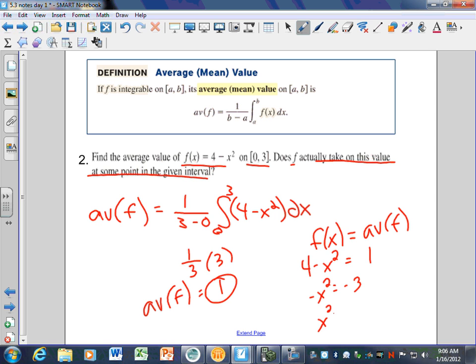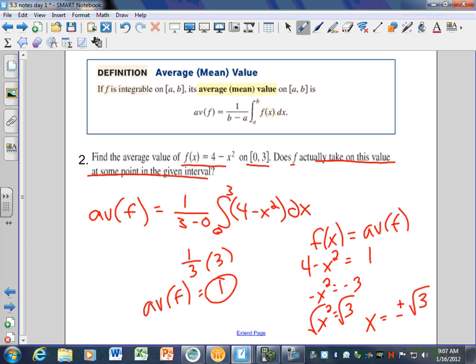That would just be x squared equals 3. Take the square root, and I get that this function equals that average value at plus or minus the square root of 3. So at positive square root of 3 and negative square root of 3, the y value of that function is 1, which happens to be the average value of the function.